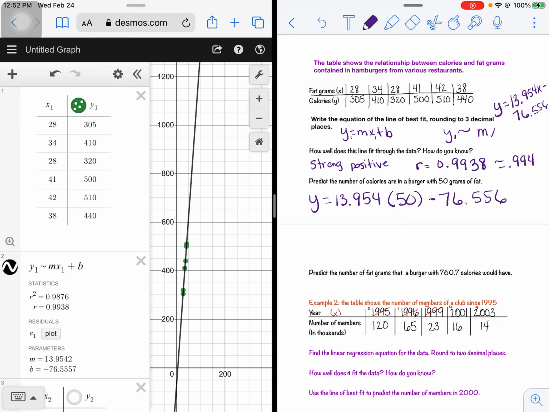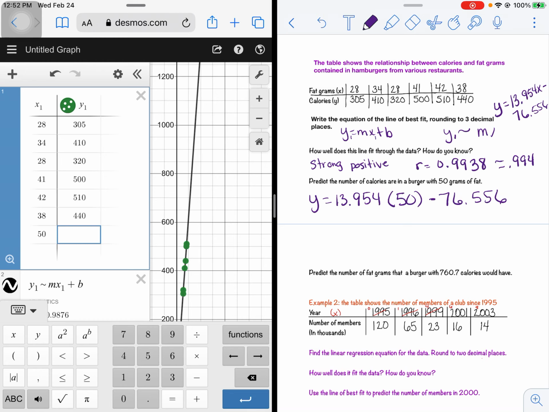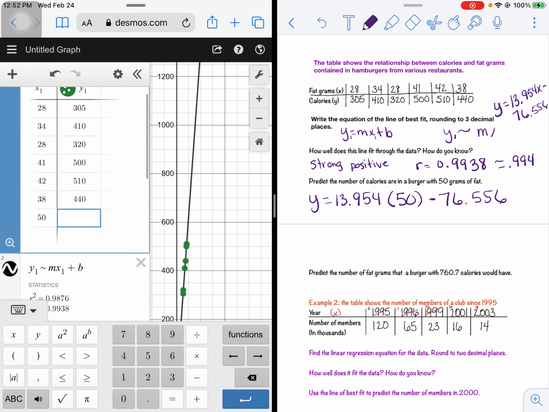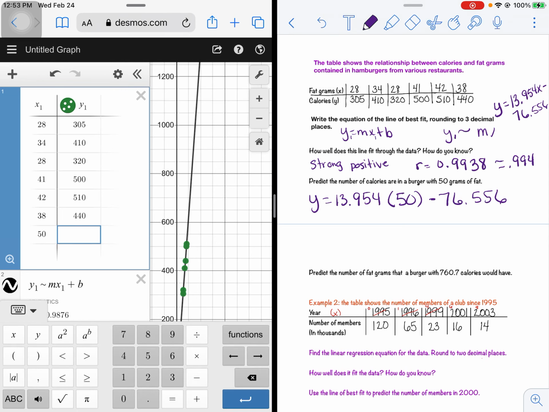Now on Desmos, because you already have all this in, you can go to the table and on another line, just type in 50. To get it to calculate for us, we would have to change the y1 to our equation.